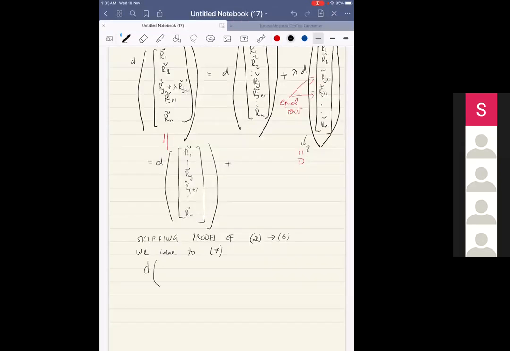D of E equal to 1 if E is of first kind, D of E equal to -1 if E is of second kind. These are elementary matrices.